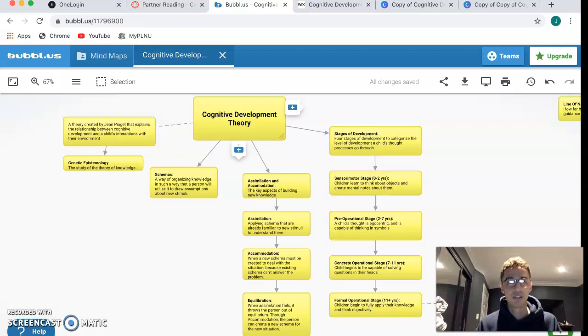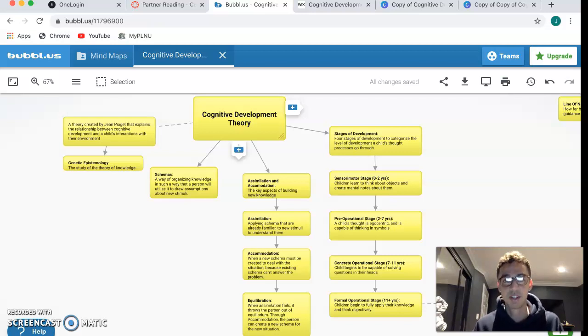And so that brings us to the definition of genetic epistemology, right? It was the study of the theory of knowledge, and that's what Jean Piaget classified his work as: genetic epistemology.